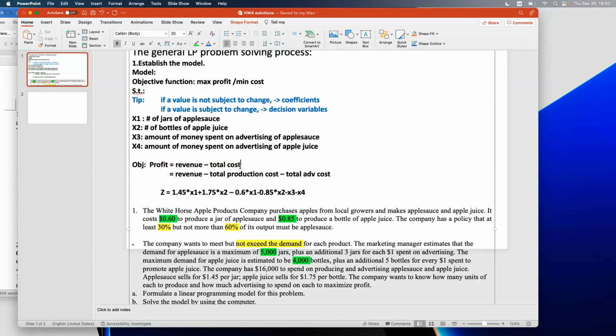So this formula is valid through all the problems. You need to keep that in mind. But there might be subterms in the cost or in the revenue, right? In that case, you need to find that information based on the given information.